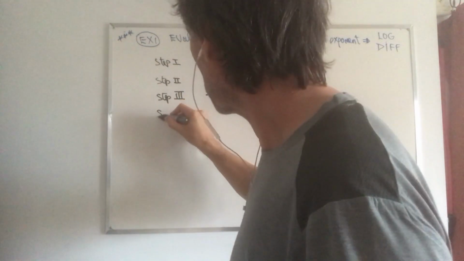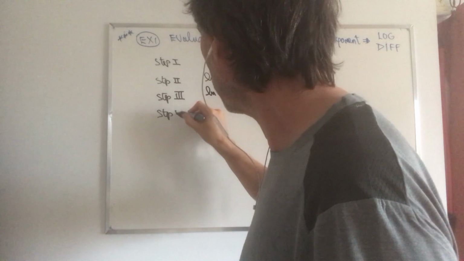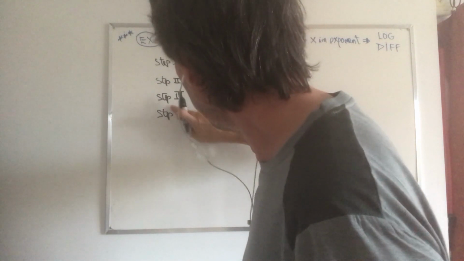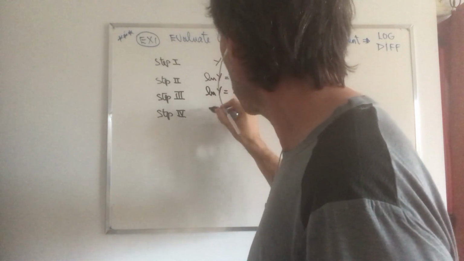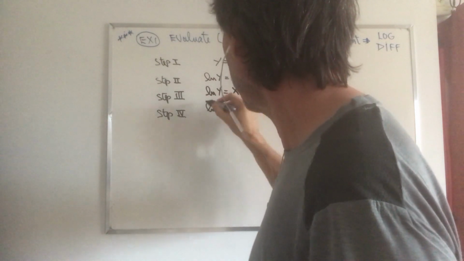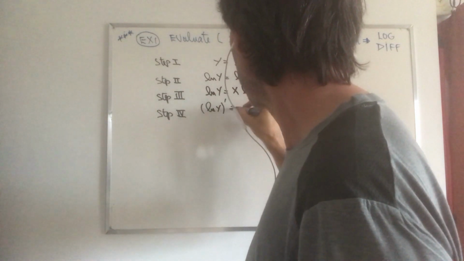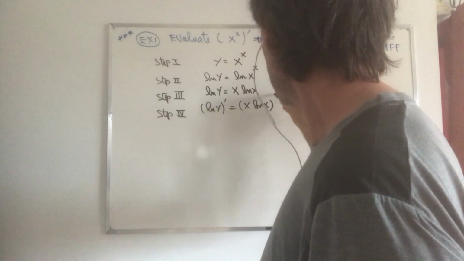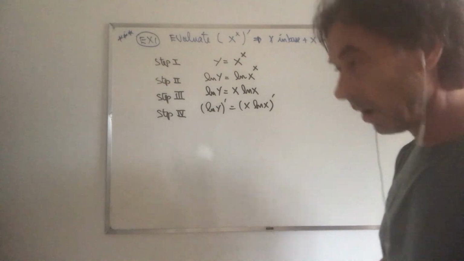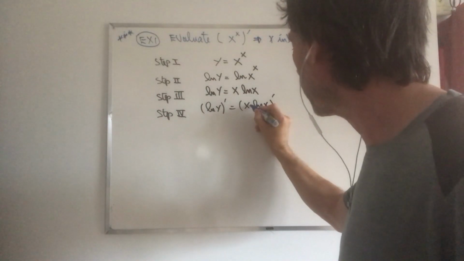Step 4, this is where most of the work will take place because this is where we actually derive both sides. Step 4, ln y prime equals x ln x prime. By now, you're most likely acquainted with the fact that this is going to be a product rule.